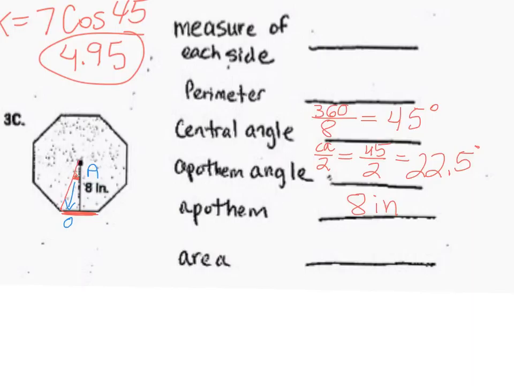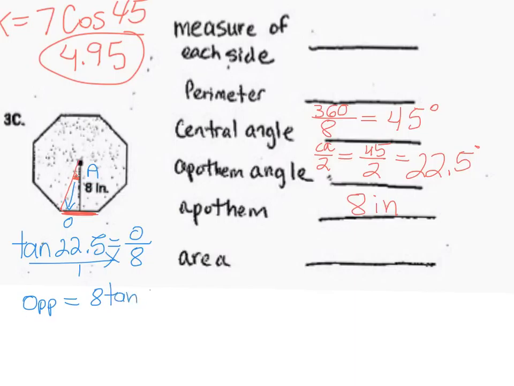O and A. Tangent, okay, so it's going to be tangent of 22.5 equals opposite, we don't know what that is, over 8, then we cross multiply, so the opposite side is 8 tangent of 22.5.